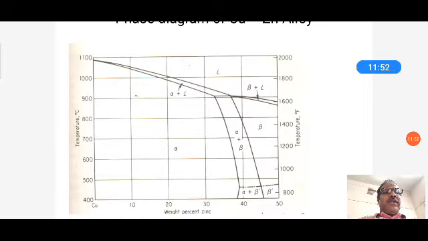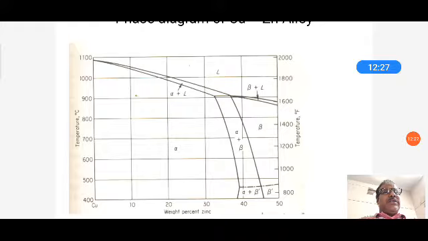That means copper and zinc atoms are arranged in disorder in the solid state, while at 450 degrees centigrade onwards, the disordered atoms are arranged in an ordered form. So ordered solid solutions are formed below 450 degrees centigrade. That's why the solid structure indicates alpha plus beta prime.